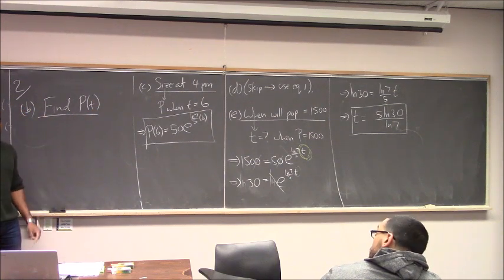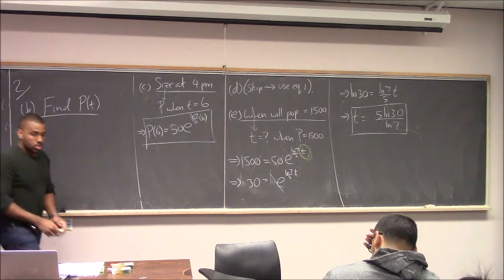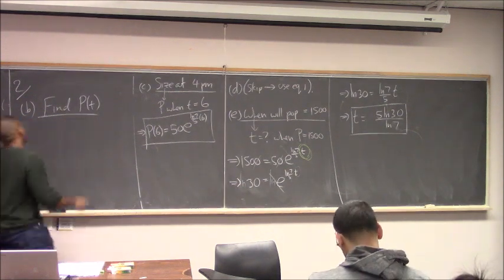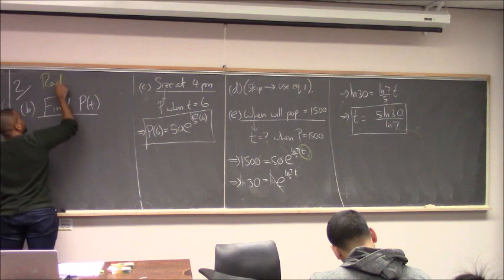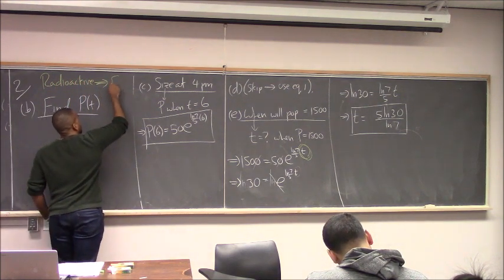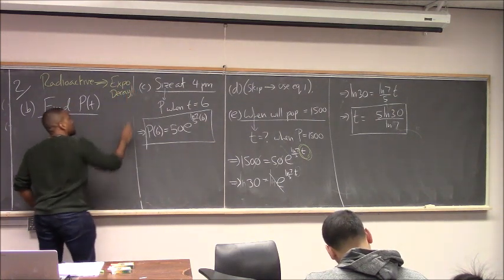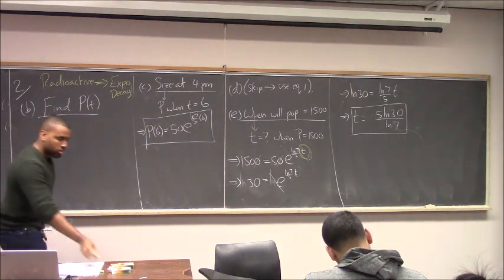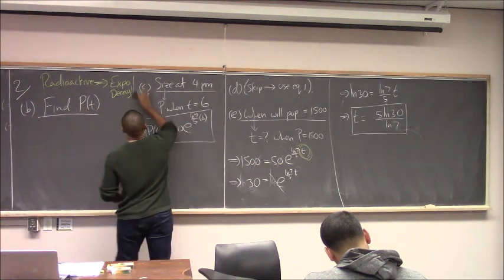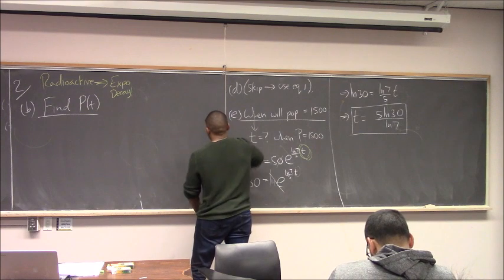Okay, go. What would you do? As Rosalie said, radioactive implies you're looking at exponential decay. So you know what set of equations you should be looking at. Okay, tell me how to find P of t.